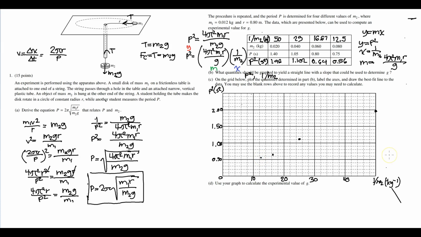Let me just check if my graph is all good. 1.102, 1.96, then we have 0.56. All right, we have our little point right here.